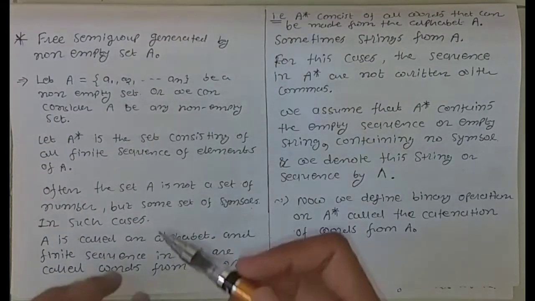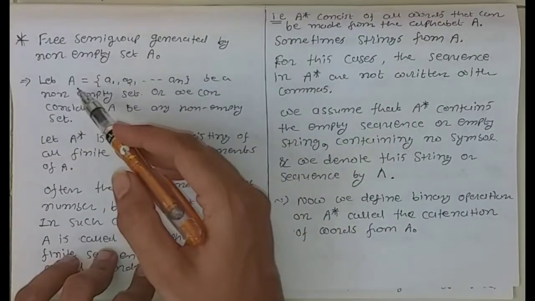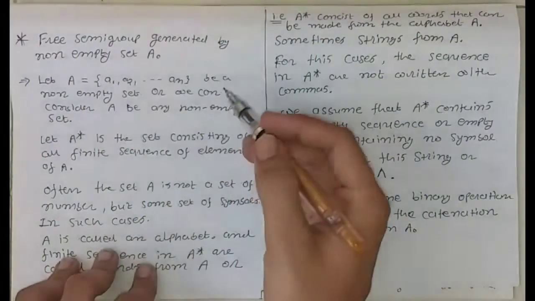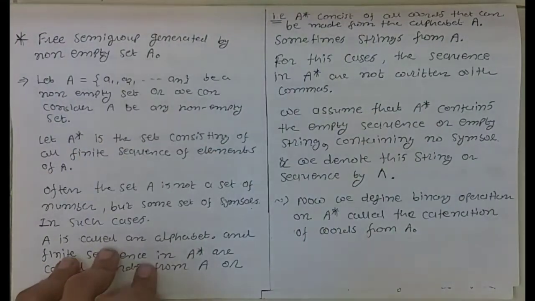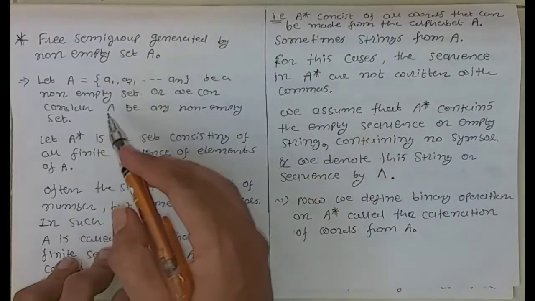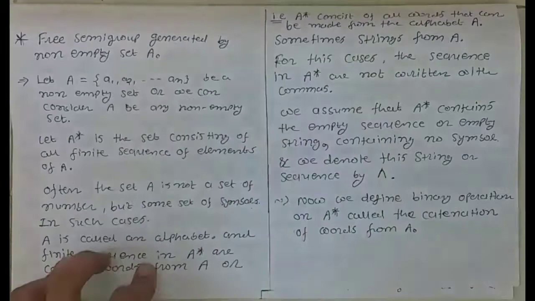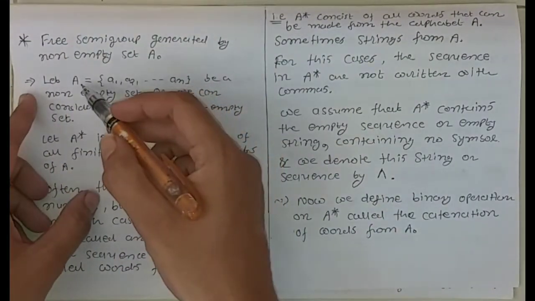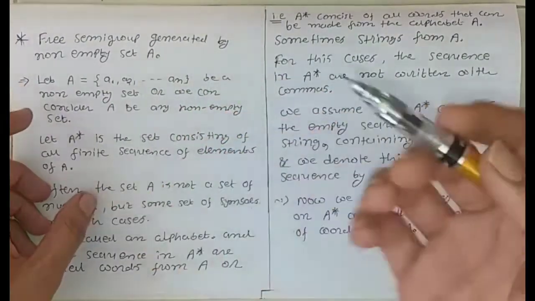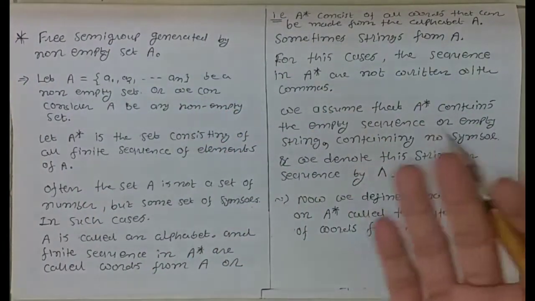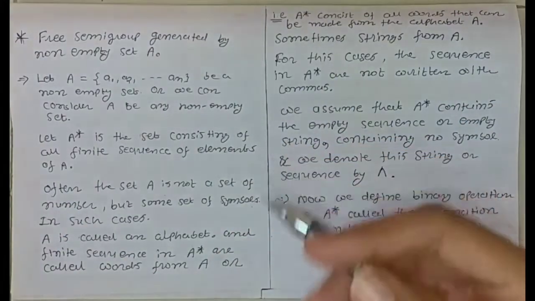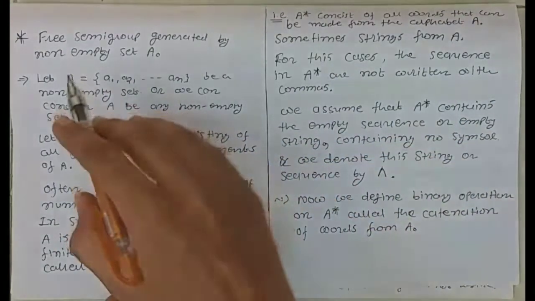First of all, let us consider set A equal to a finite set A1, A2 up to An, a non-empty set, or we can consider A to be any non-empty set. If we consider any non-empty set A, then we can also construct a free semigroup.